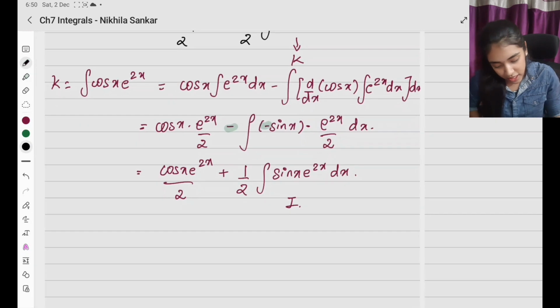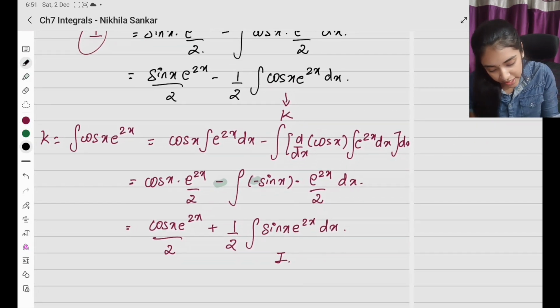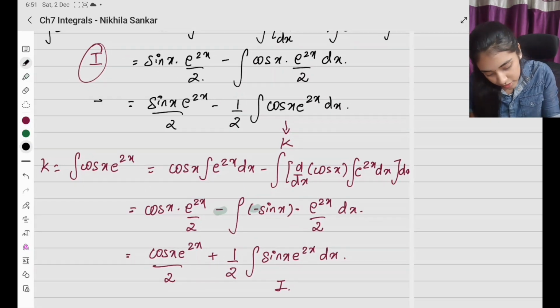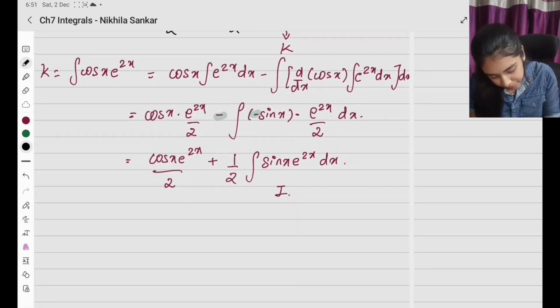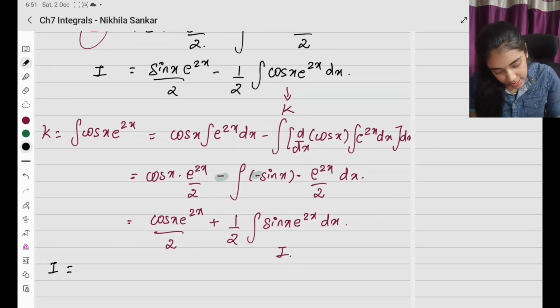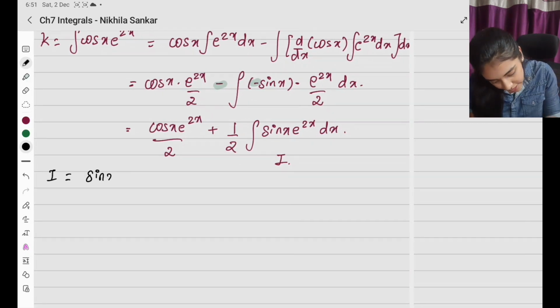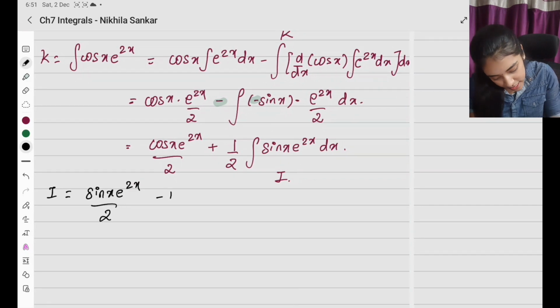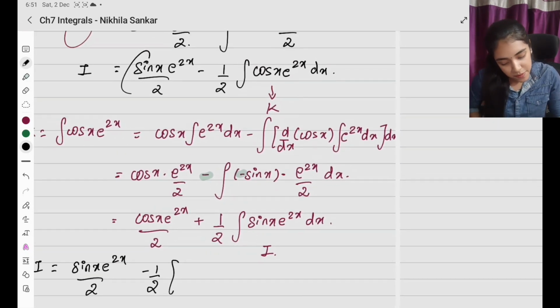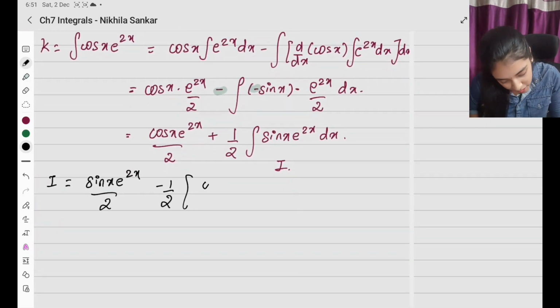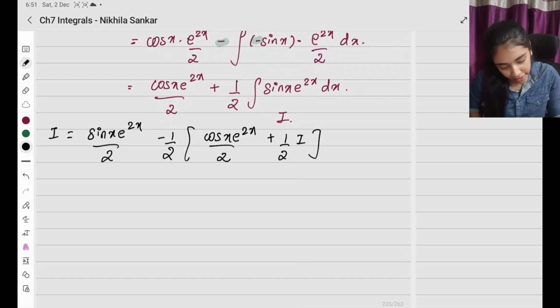So how does my final answer look like? I equals, so from here, I equals sin x e to the 2x divided by 2 minus I have a half times k. What is my k? Cos x e to the 2x divided by 2 plus half times I. And I open the bracket.